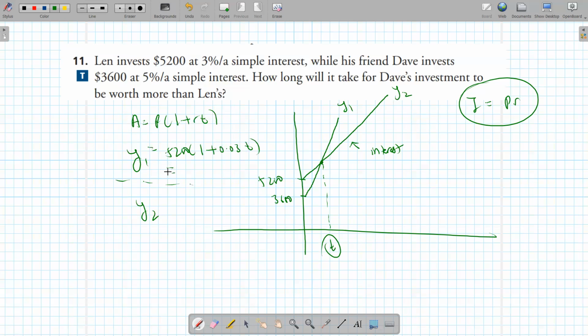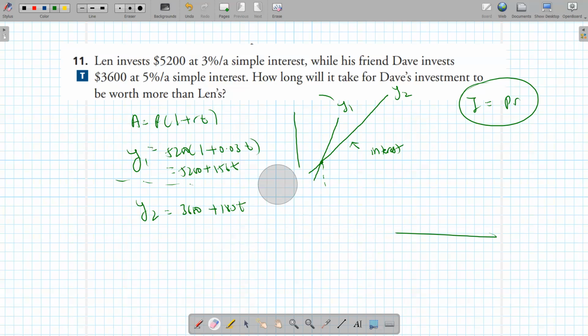If you open this bracket, it's gonna be 5,200 times 0.03. So 5,200 plus 156t. So that's the equation for the first guy, okay? Similarly, for the second guy, the equation is going to be 3,600 times 0.05 plus 180t. And there we go.